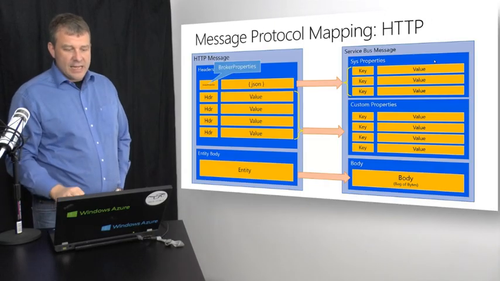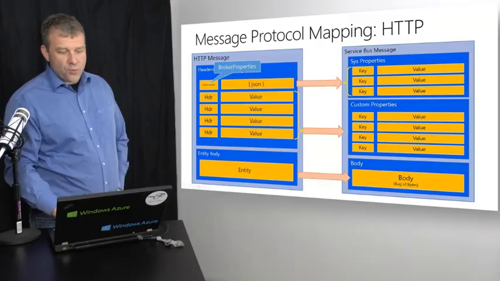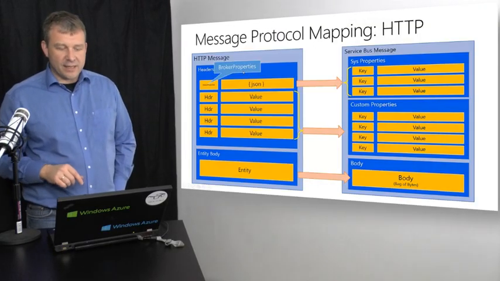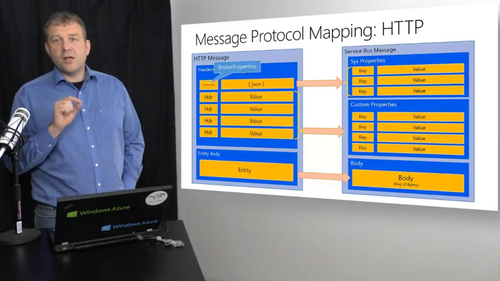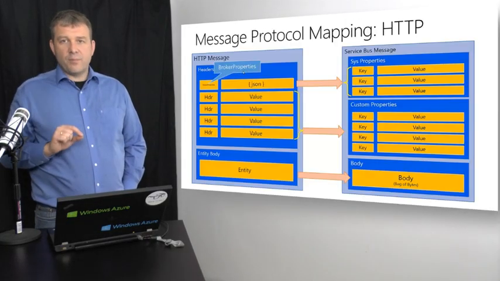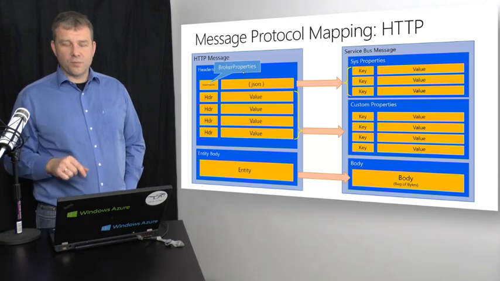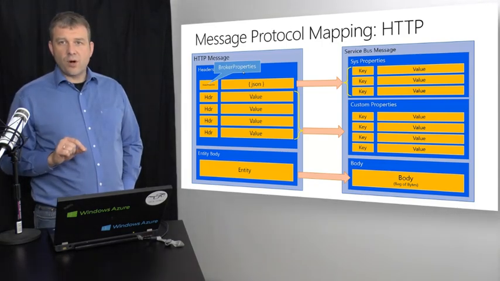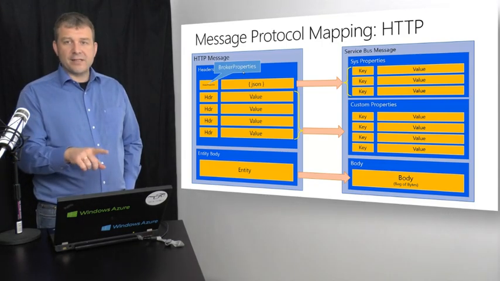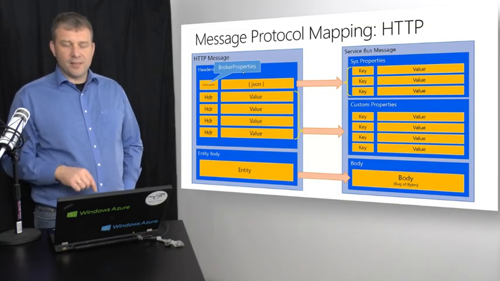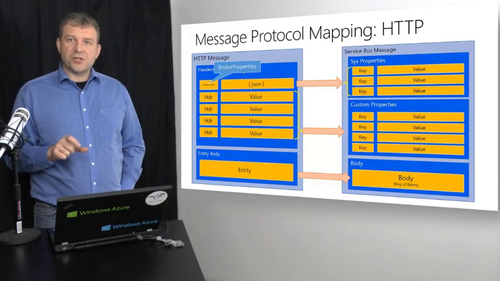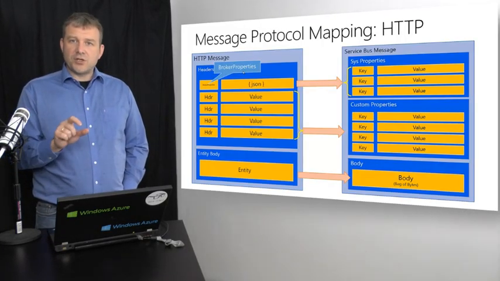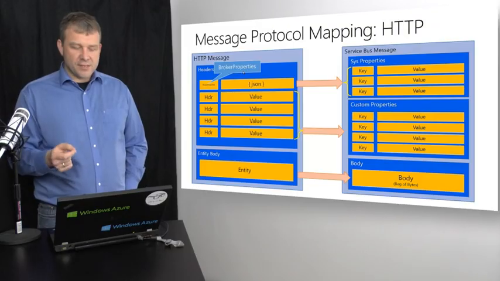You pass that to us in a broker properties header, and then we're going to translate that. So we have one special header. The format is actually documented, obviously, on MSDN, and you can pack all the control properties for the broker into that one property. So we give you effectively maximum leverage and maximum flexibility on the custom headers. So we reduce the number of potential clashes that we have on significant things that the broker has.